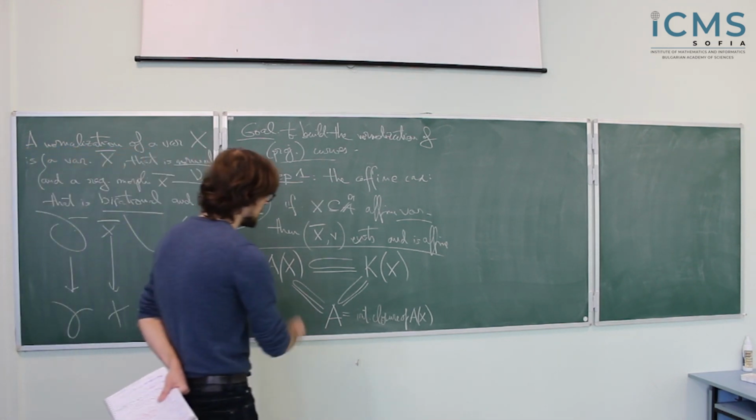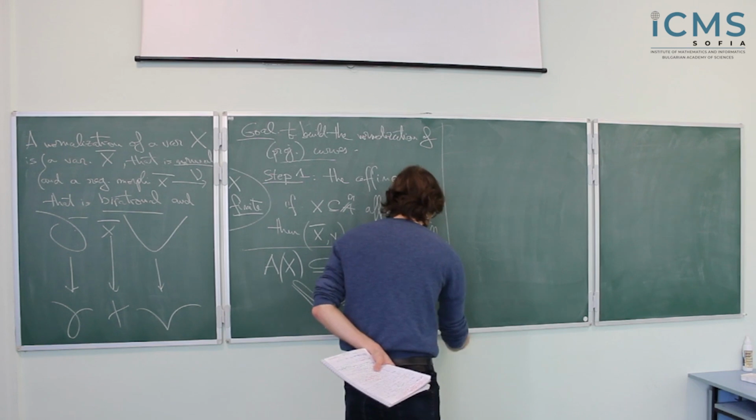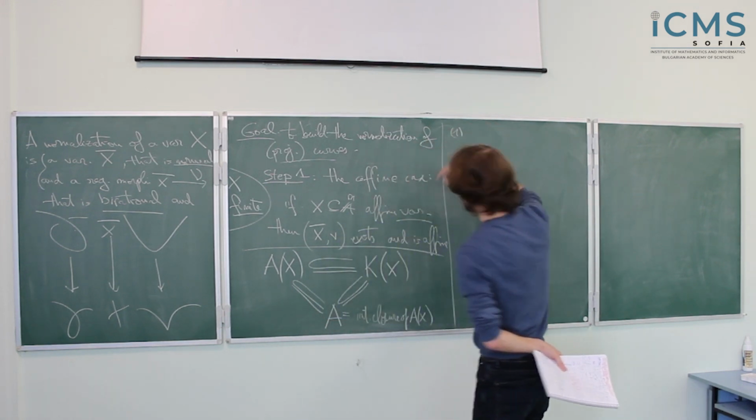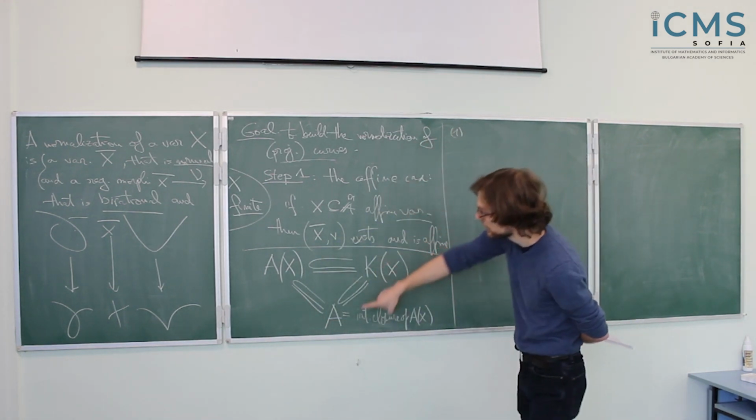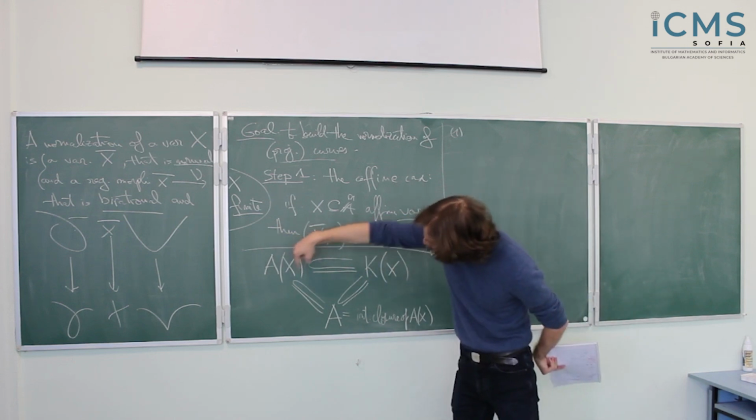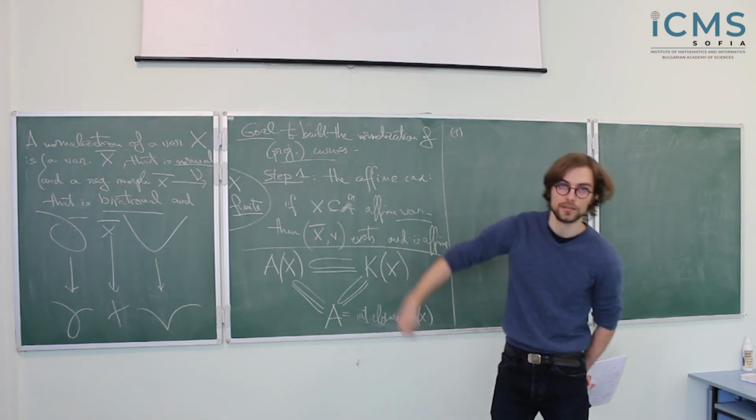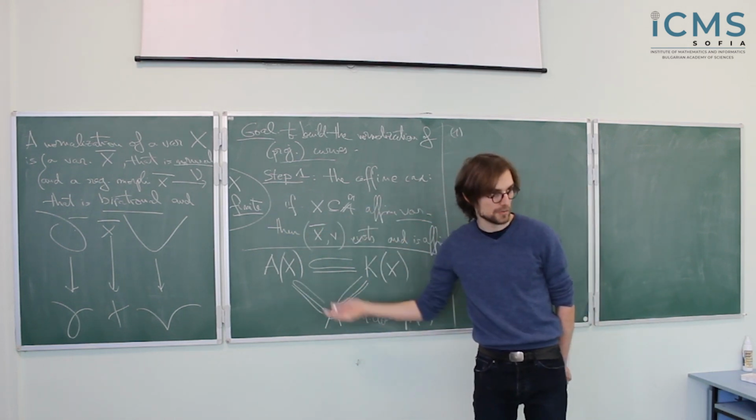So naturally, first of all, since A is between a ring and its quotient field, they have the same quotient field, right?